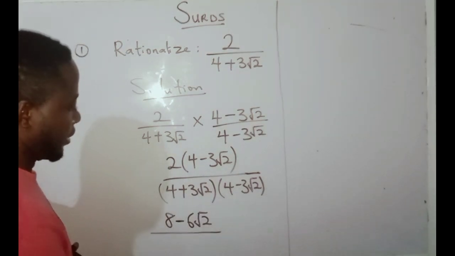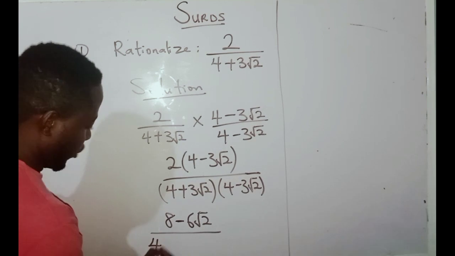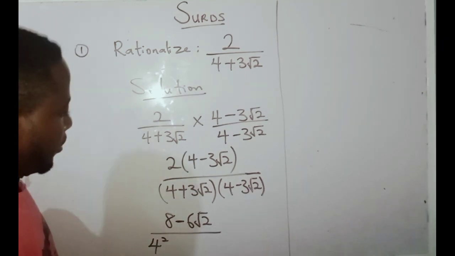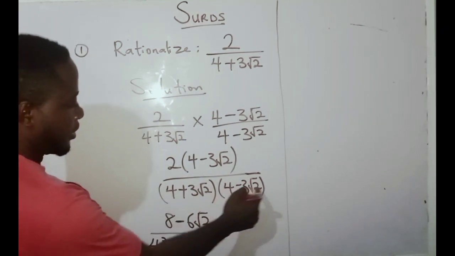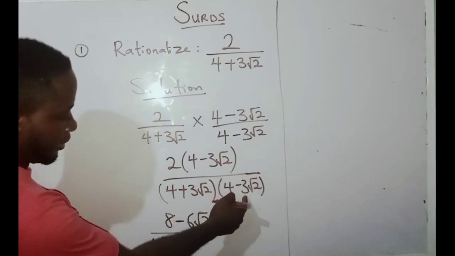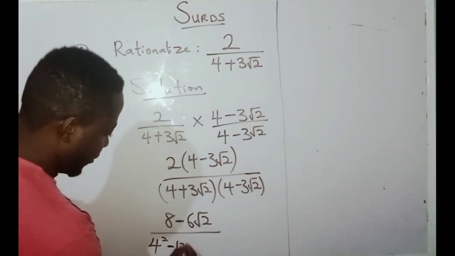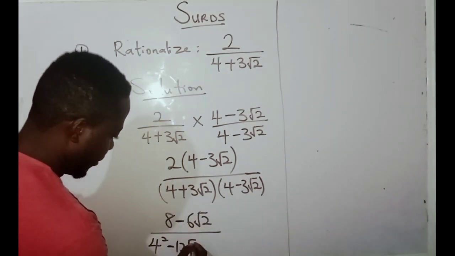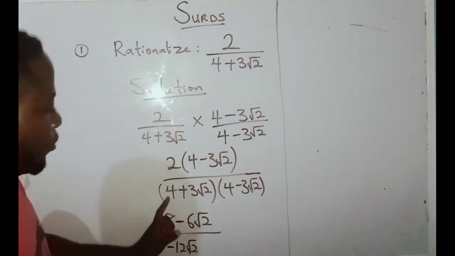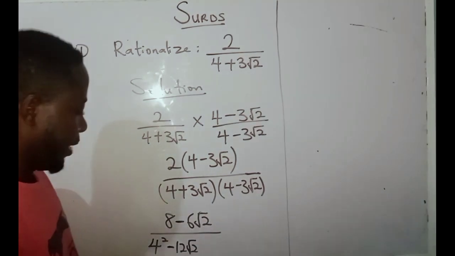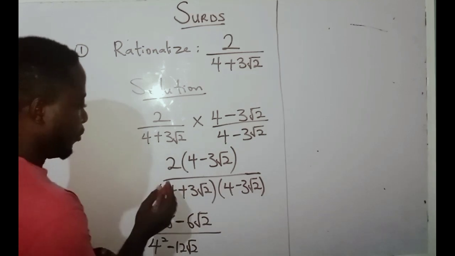That's going to give us 16, or I can write 4 squared. Then 4 times minus 3 root 2: 4 times minus 3 gives minus 12, then the root 2, so that will be minus 12 root 2. Okay, we are done with this.